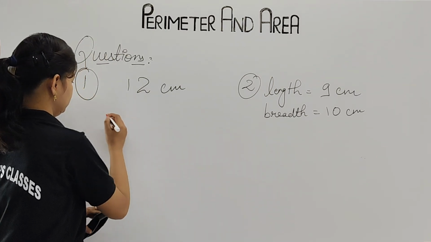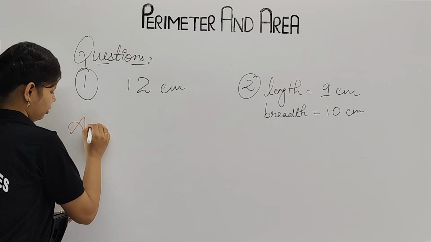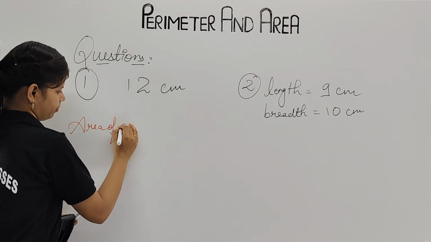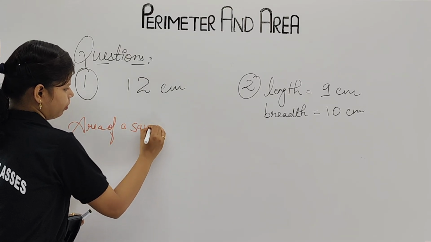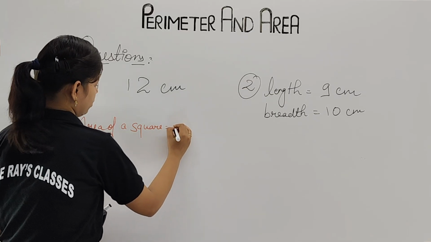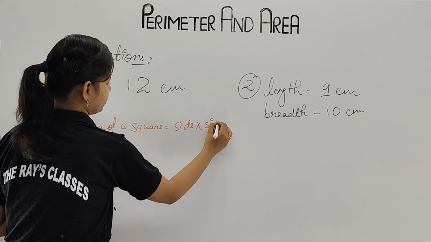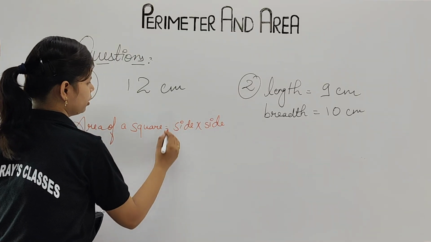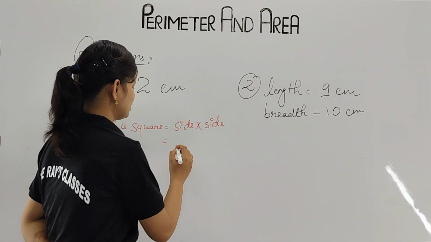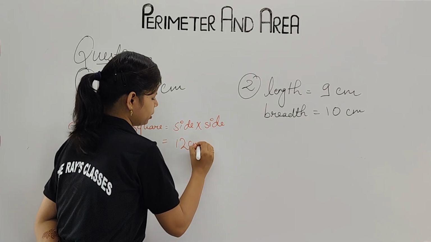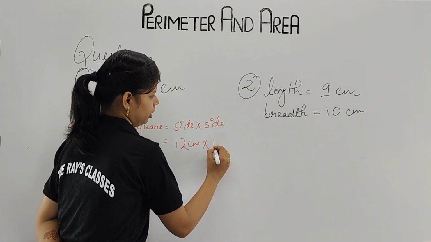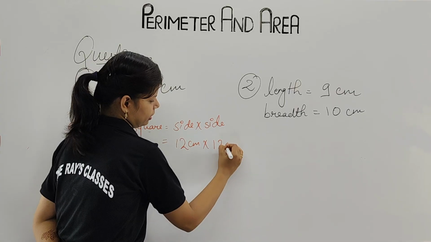Next, let's write the formula for this one. Find the area of square, equal to side multiplied by side. Side into side. And here your side is given as 12 centimeter. 12 centimeter multiplied by 12 centimeter.